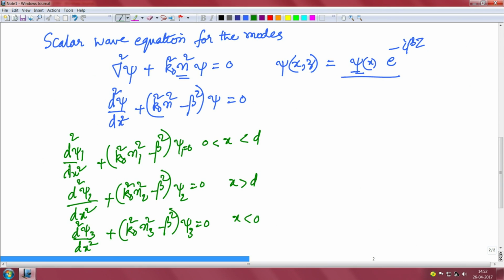We can also call them region 1, region 2 and region 3.